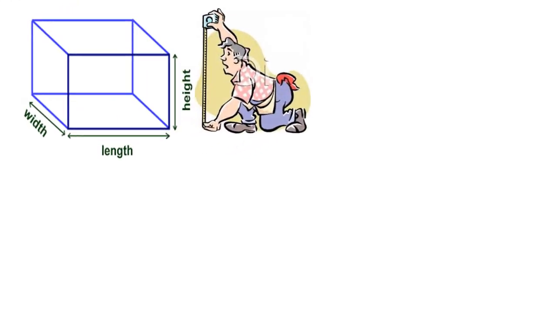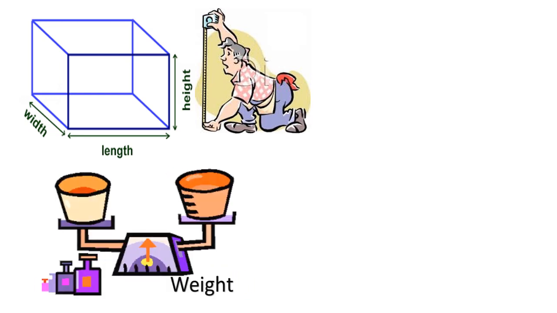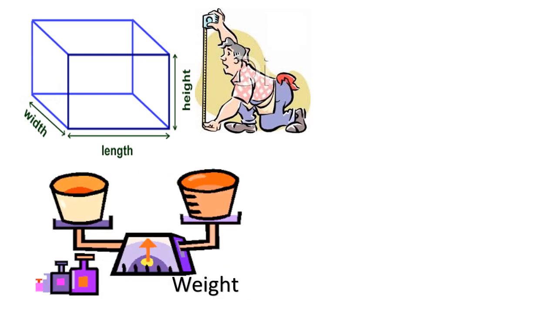We measure height, width, and length to know whether the object is big or small, short or long, or we measure its weight to know how heavy or light the object is.